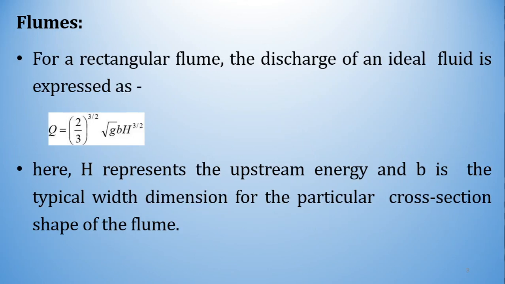For a rectangular flume, the discharge of an ideal fluid is expressed as Q = (2/3)^(3/2) √g b H^(3/2). Here, capital H represents the upstream energy and small b is the typical width dimension for the particular cross section shape of the flume.